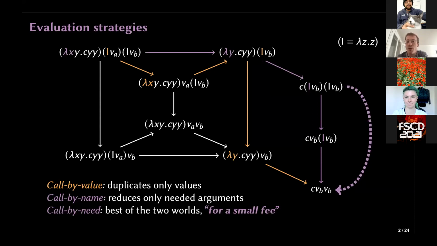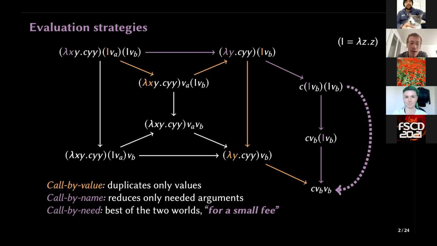One difference between these two strategies is that in call by value, we might evaluate some arguments which are not actually needed, while this never happens in call by name. But the drawback of call by name is that it may evaluate some arguments several times. In this example, the first argument is not needed, and the second argument is evaluated twice if we take the call by name strategy.